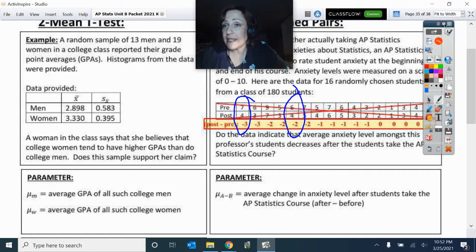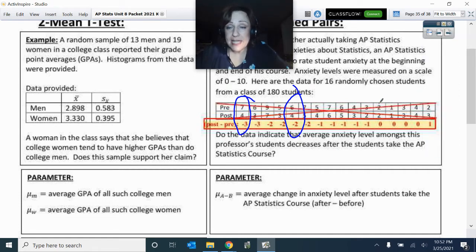Over here, we had some students whose anxiety stayed the same, and then, unfortunately, we have this last student whose anxiety increased. So the question was, do the data indicate that the average anxiety level amongst this professor's students decreases after the students take the AP statistics course?